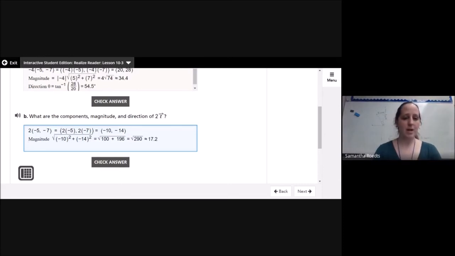Okay, my direction is theta equals inverse tangent of -14 over -10, which equals 54.3.